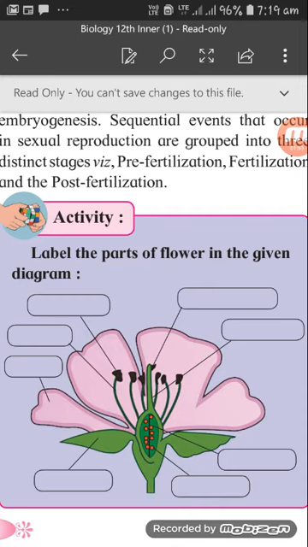I hope everyone has a pen and paper and the textbook PDF open in front of them. Take a pencil, notebook or paper, draw the diagram and label the parts of flower.